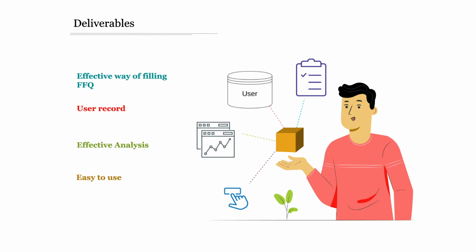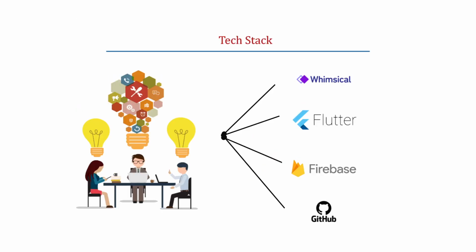The third deliverable was the analysis through which a nutritionist will understand easily what the user has filled in the FFQ, and a nutritionist can also have a digital format of responses, maybe in CSV format. And the last and most important deliverable for our app was a better user experience from both the patient's and the nutritionist's perspective.